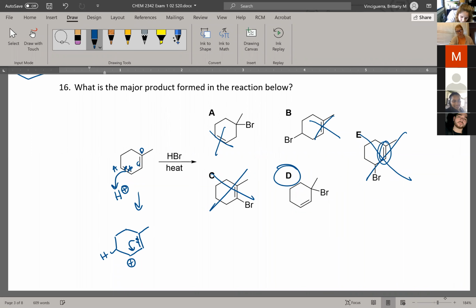And then you would have the resonance form with the tertiary allylic carbocation, and this is the one that would lead to the product that was drawn.